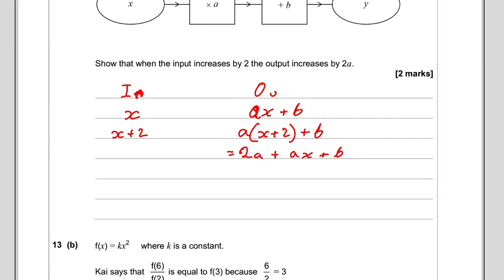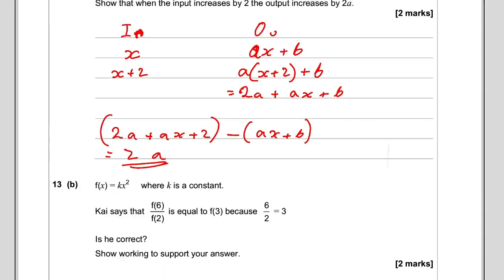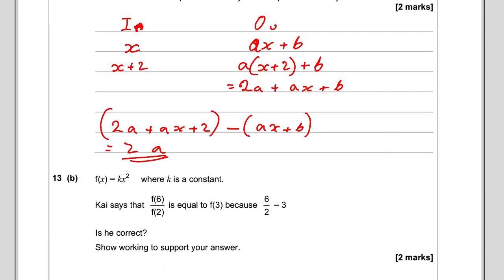Then if I take 2a plus ax plus b and subtract my other value, ax plus b, that's just going to give me 2a, which I think is perfectly fine. I've done it using algebra. You could have, in theory, put a number in for both, but I'm going to stick with that.